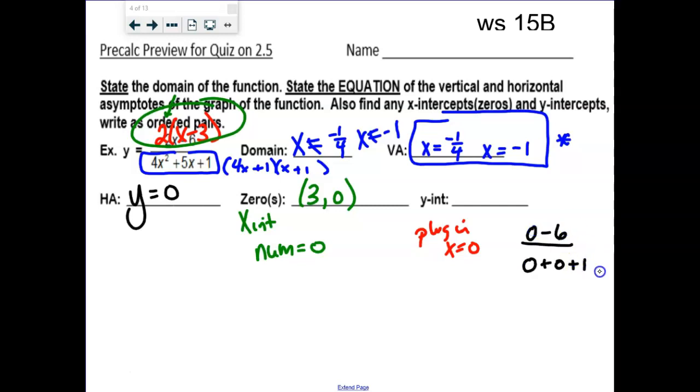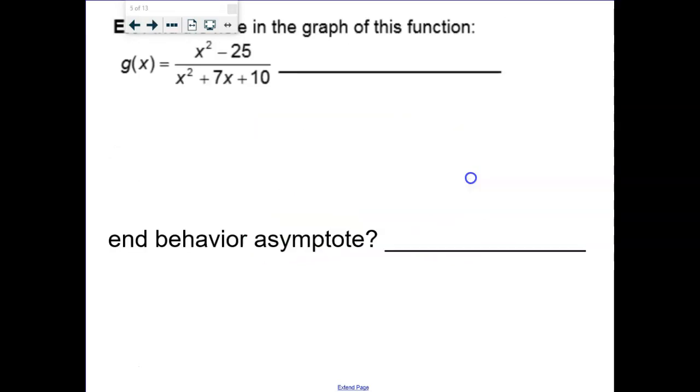So that simplifies down to negative 6. So 0 for x and negative 6 for y. And remember, you have a graphing calculator, so if you're in a jam, you can get yourself out of it, but that will slow you down significantly, and this is kind of a beast of a test, so you don't want to depend on it too much.